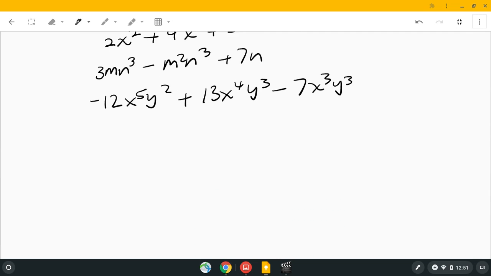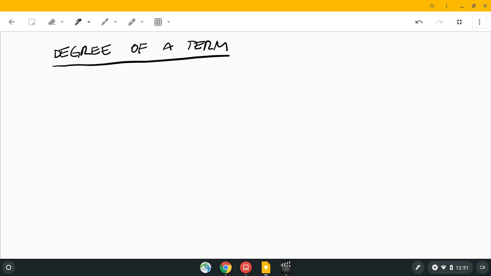All right, degree. The degree of a term. We'll first look at the degree of a term, and then we'll look at the degree of a polynomial. When you have just one variable, it's pretty straightforward. If you have more than one variable, there's a little bit more to it.